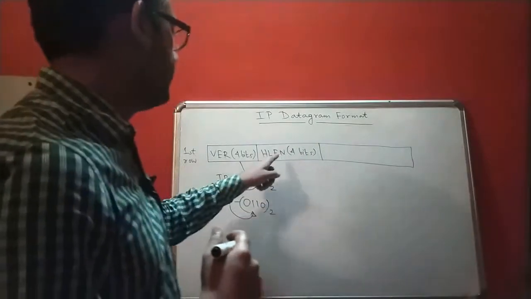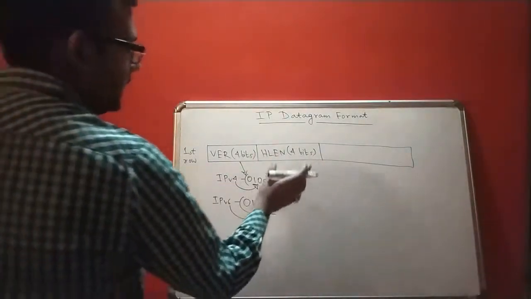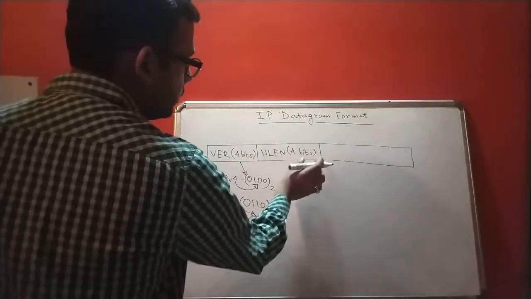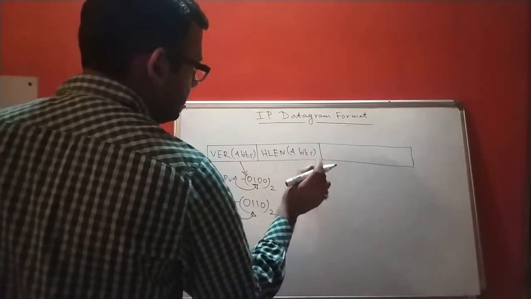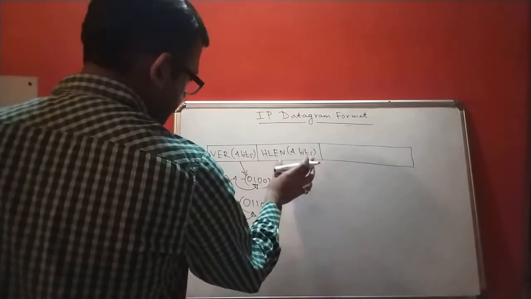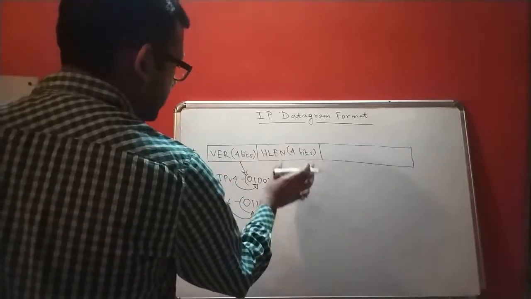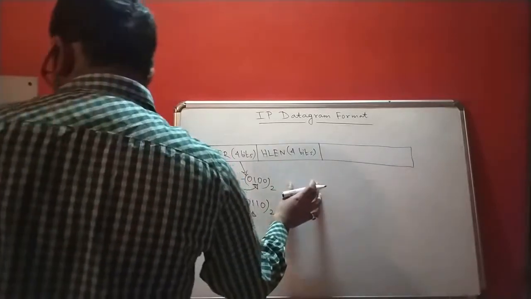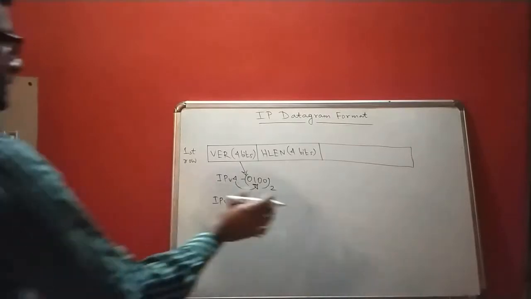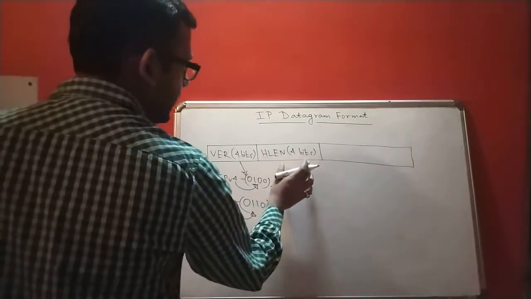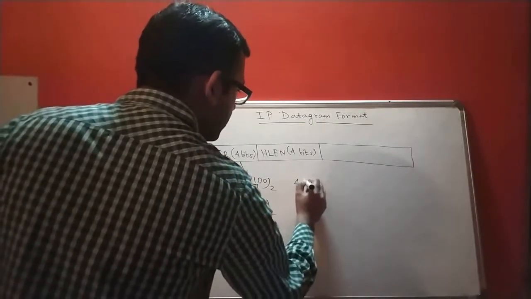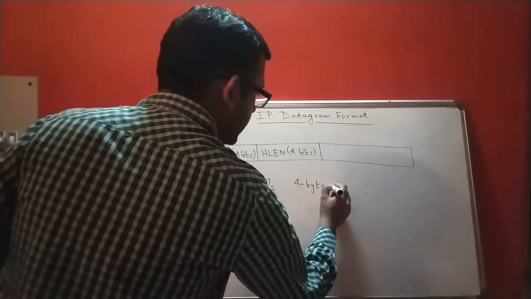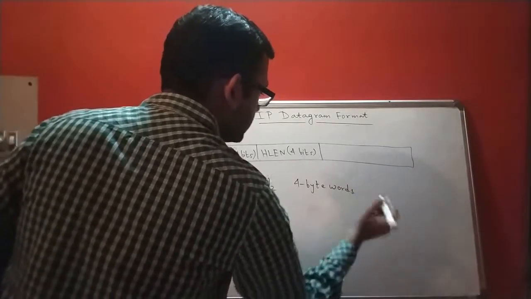Now you might be wondering, how can we define a range of 20 bytes to 60 bytes with 4 bits? The thing is, the minimum header length is 20 bytes. Since it's 20 bytes, we can encode this header length field in terms of 4-byte words.